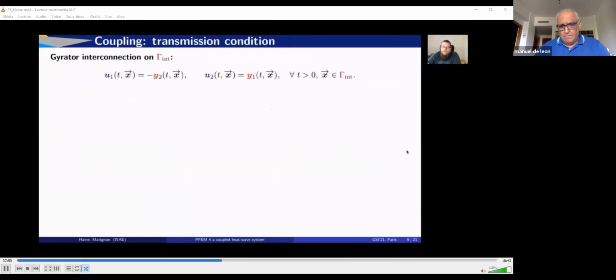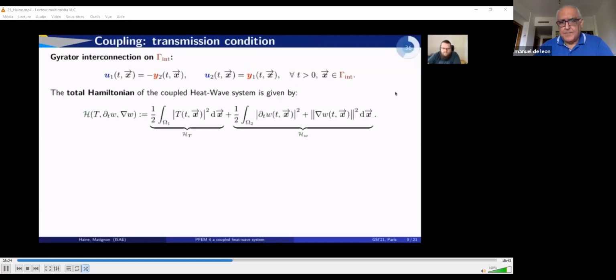Now we want to couple these two equations written as a port-Hamiltonian system, and we use a Girard interconnection on the interface, which says that the input of the heat equation is minus the output of the wave equation, and that the input of the wave equation is the output of the heat equation on the interface.